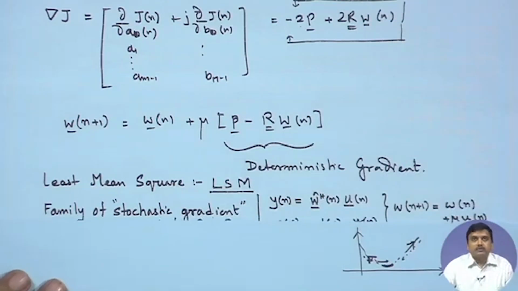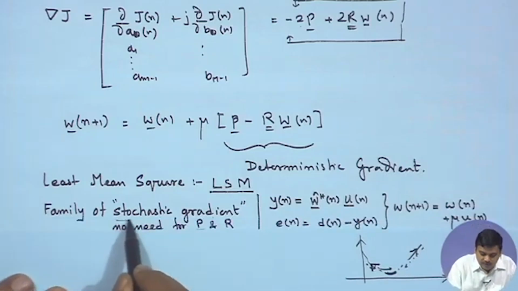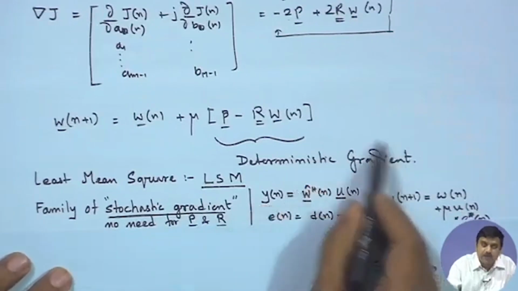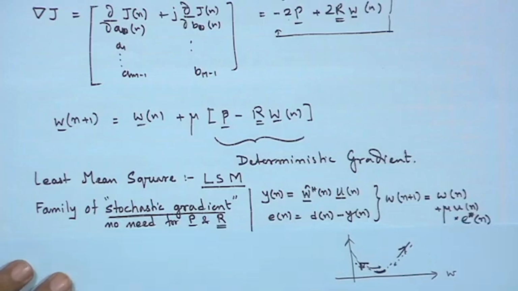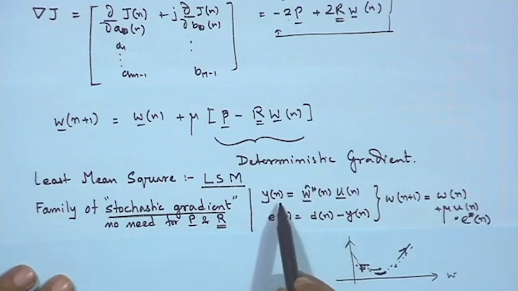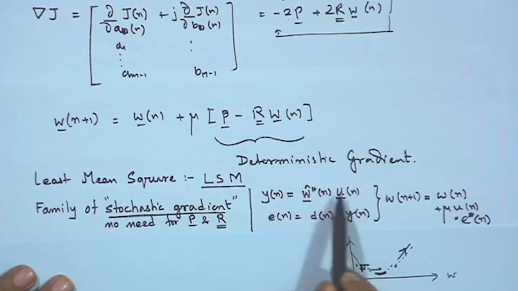The other method which is followed comes from the family of stochastic gradient. We call it stochastic gradient because it does not use a deterministic gradient, and it does not need to calculate the cross correlation and the autocorrelation matrices. So, we have the output y n, which is the inner product of the input and filter coefficients, and the error as the desired signal minus the output.